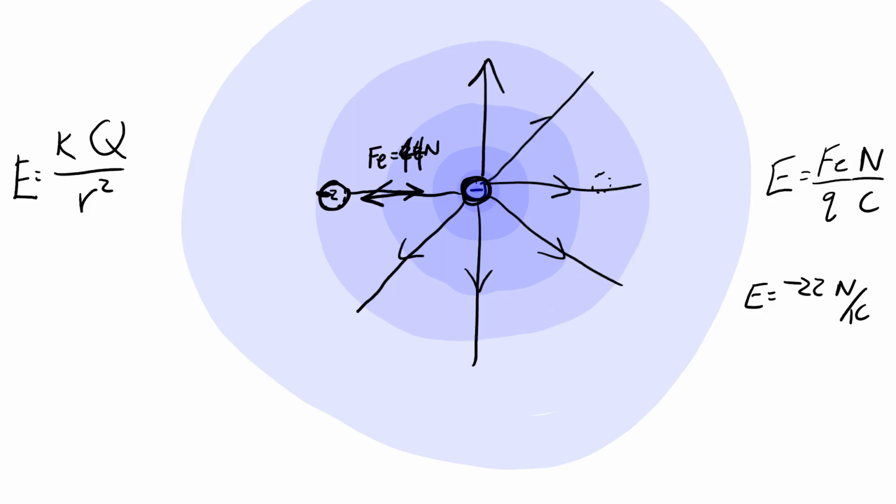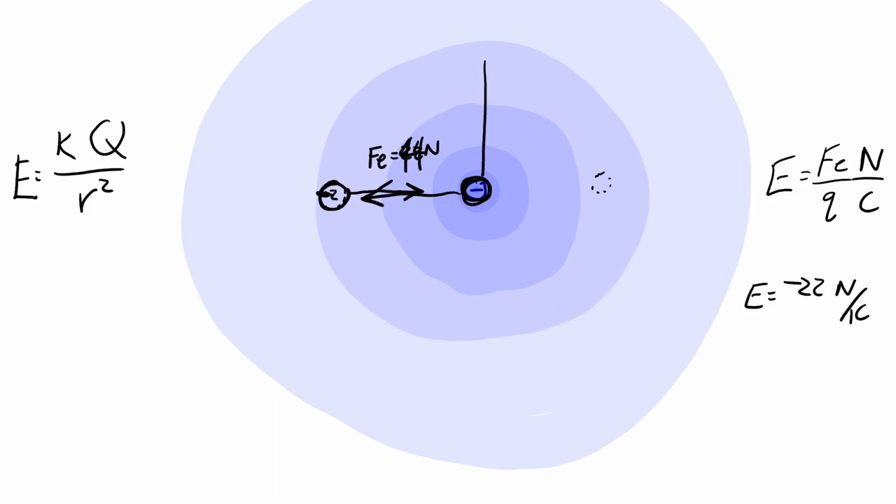That's not the convention. The convention is to use a positive test charge. We want to use a positive test charge always when we're talking about the direction of the electric field. Just because that's the convention, that's what everybody has agreed to. So it's a positive test charge.